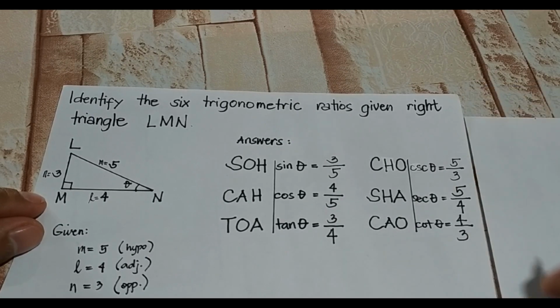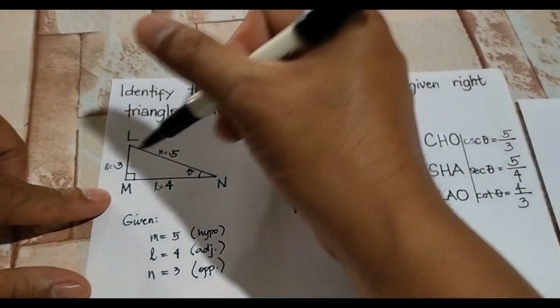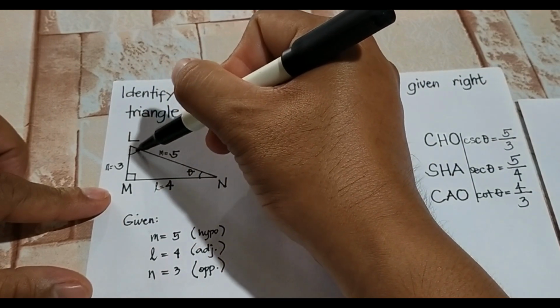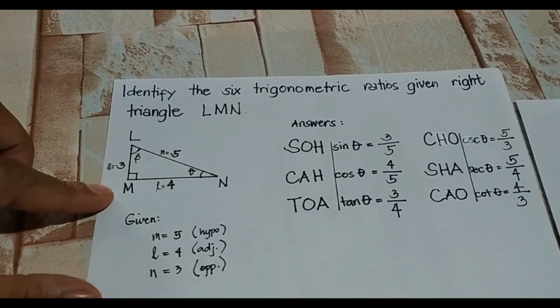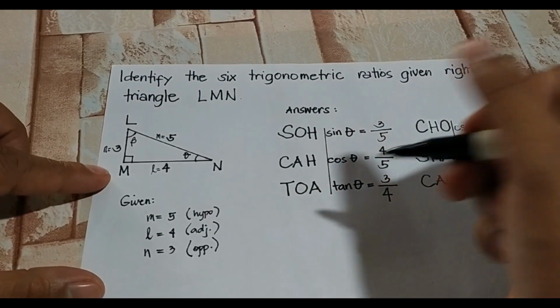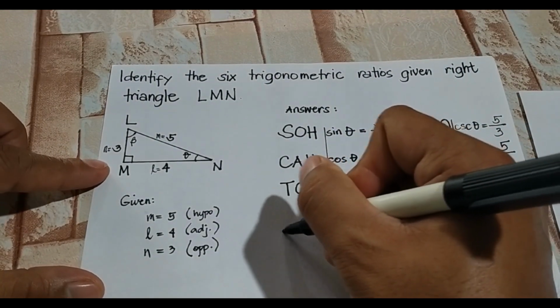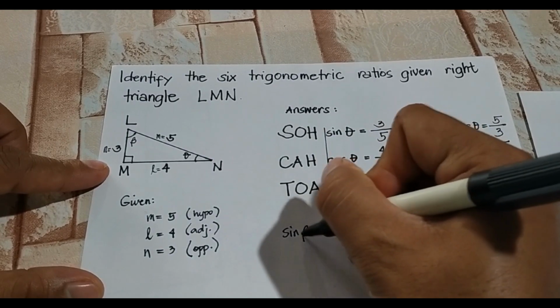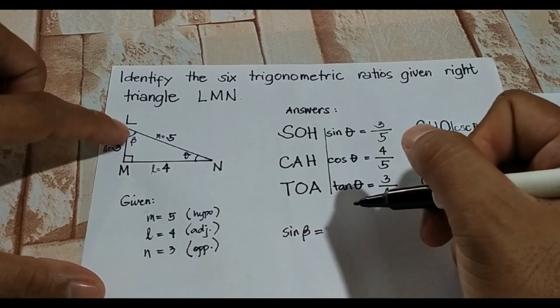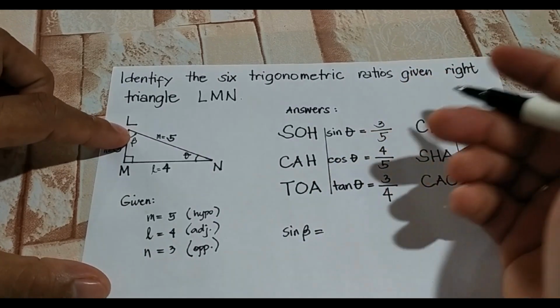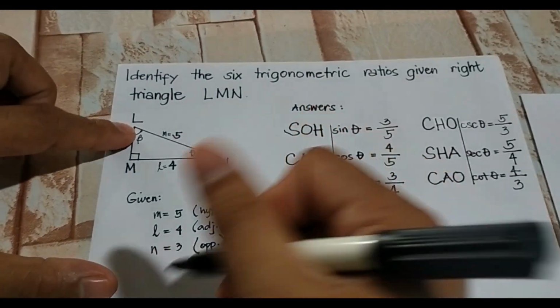Now, how about if we have the angle in here, let's say angle beta. If you are asked for the sine, you have sine beta, that is opposite over hypotenuse. In this case, where is now our opposite? Let's identify it first.